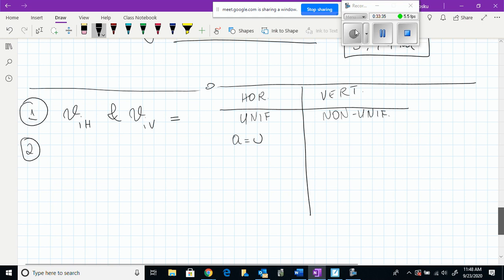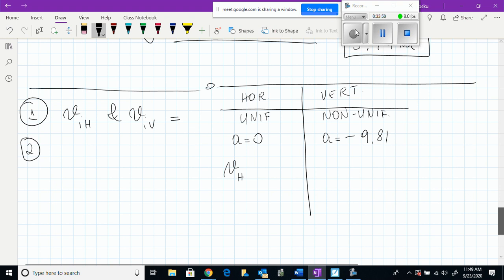Uniform motion means acceleration is equal to 0. Non-uniform motion at the surface of the Earth means acceleration equals the acceleration due to gravity, negative 9.81. Why negative? Because it is going down.